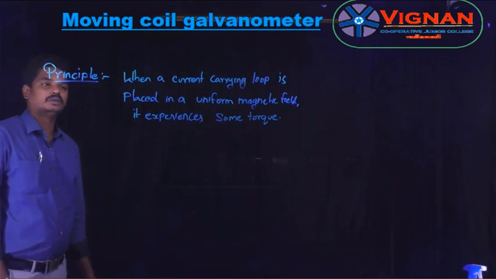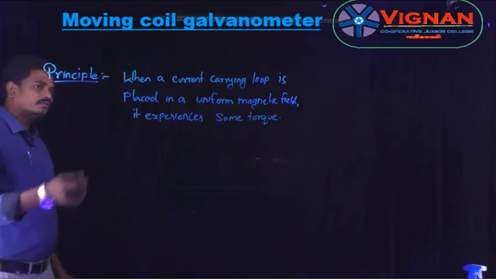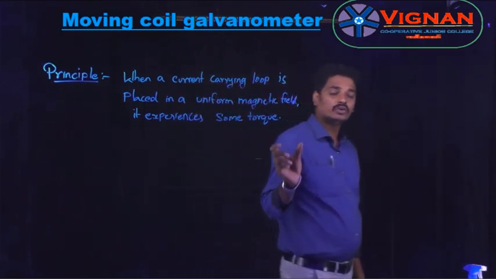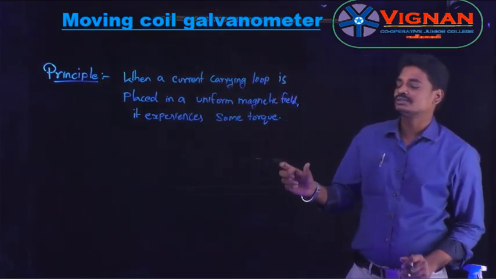So whenever a current carrying loop is placed in a uniform magnetic field, it experiences some torque.